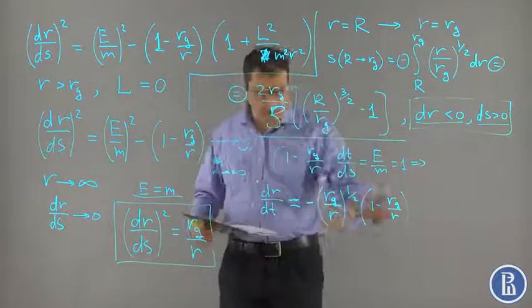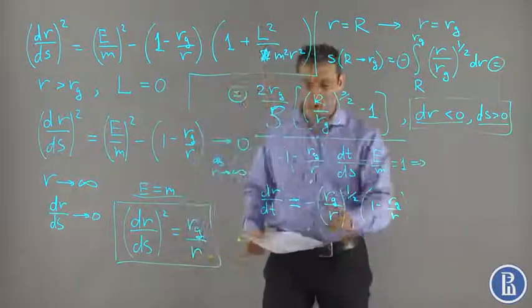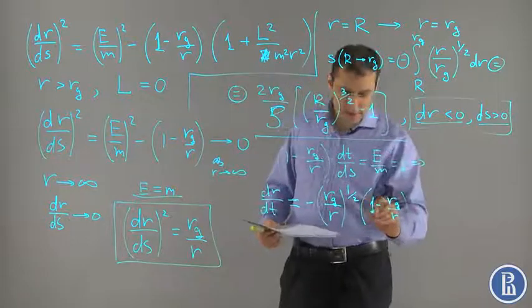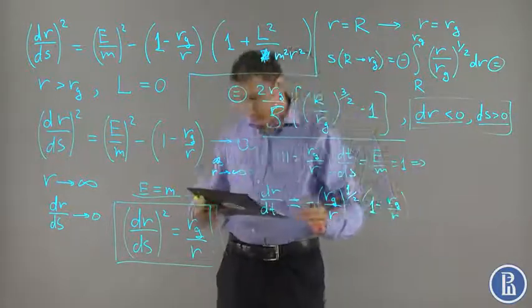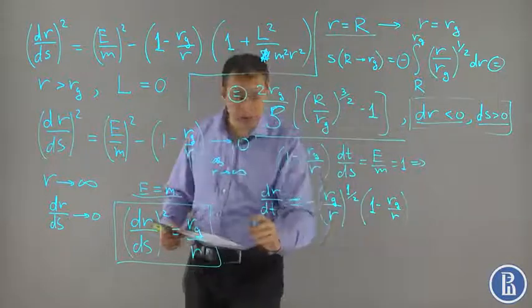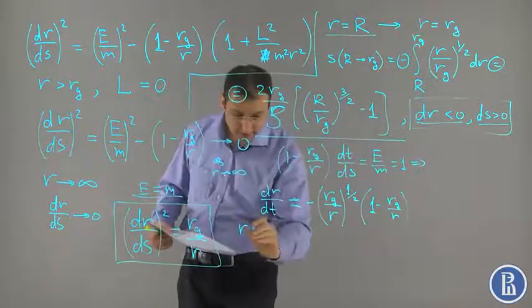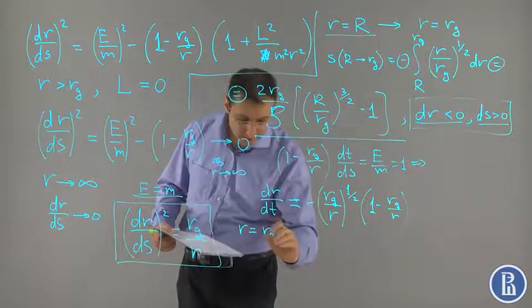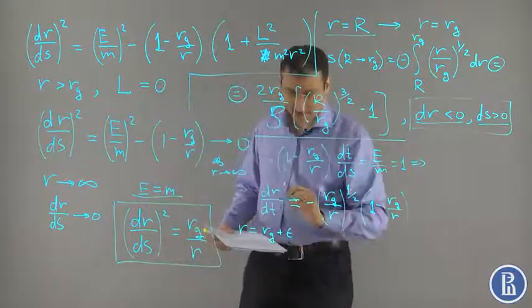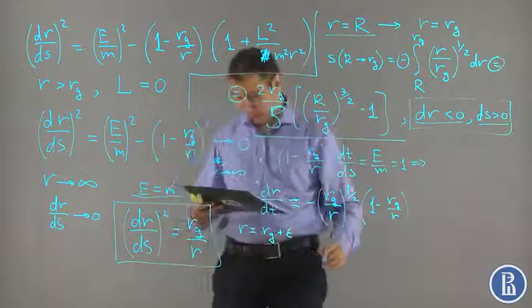Now from this expression we can find how much coordinate time t it takes for a particle to free fall from a radius r to a radius very close to the horizon. So it's not r_g, but some vicinity of the horizon, r_g plus epsilon, where epsilon is very small.